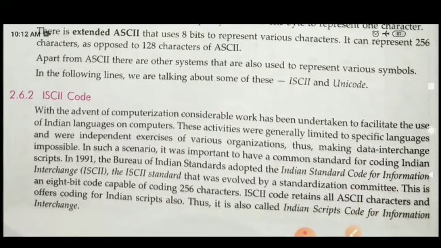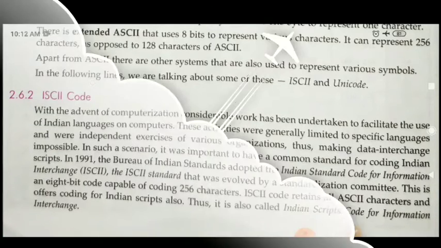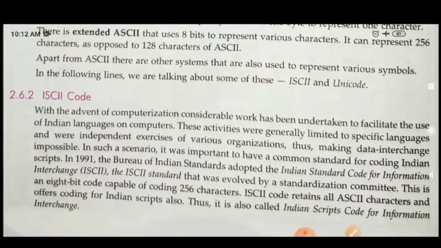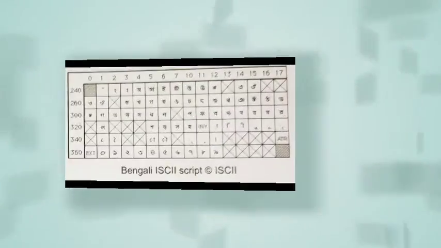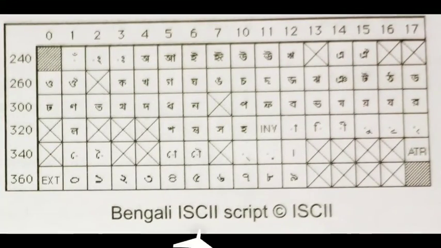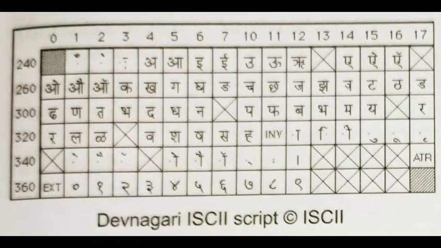Well, first of all, we will see here the ISCII code. It is the Indian Standard Code for Information Interchange, which is represented by 8-bit binary digits.